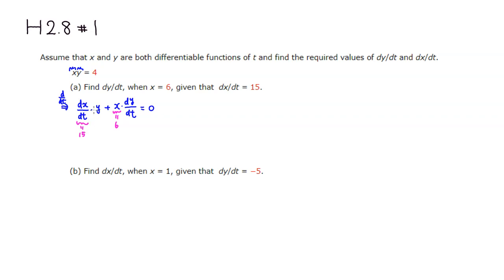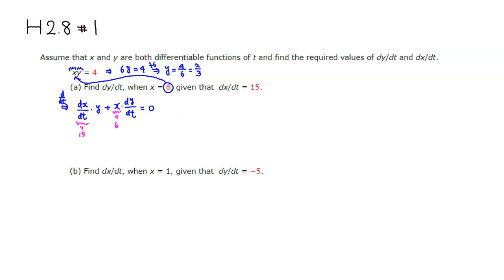Then we need to know y, but in this case we can simply plug x equals 6 into this equation, so 6y is equal to 4. Then we divide through by 6, so y is equal to 4 over 6, which is equal to 2 over 3.